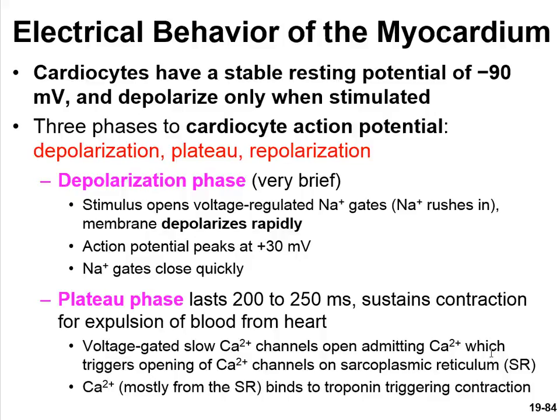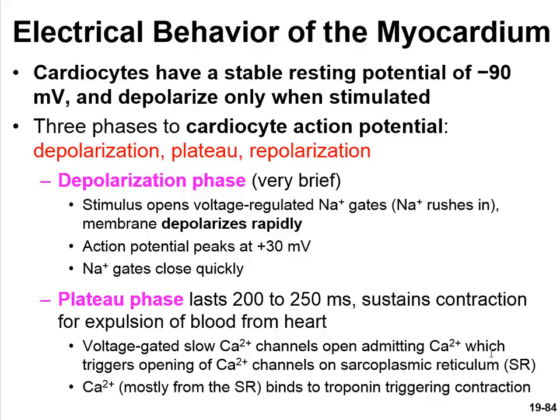So the cardiocytes have a stable resting potential of negative 90 millivolts, and then they depolarize only when stimulated. So there's three phases to this: depolarization, plateau, and repolarization. The depolarization phase is very brief, and the stimulus opens the voltage-gated sodium gates, so the sodium rushes in, the membrane depolarizes, then the action potential peaks at about positive 30 millivolts, and those sodium gates close quickly.